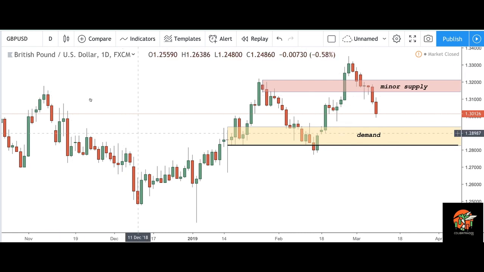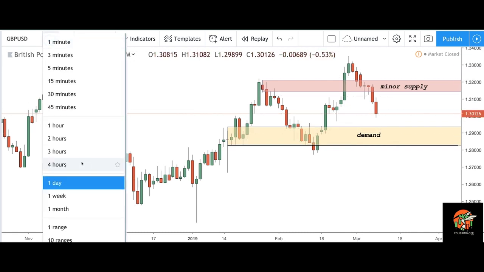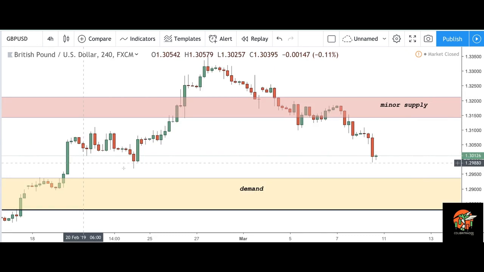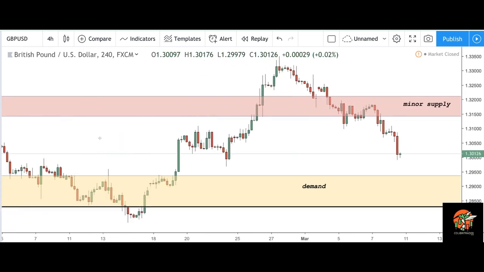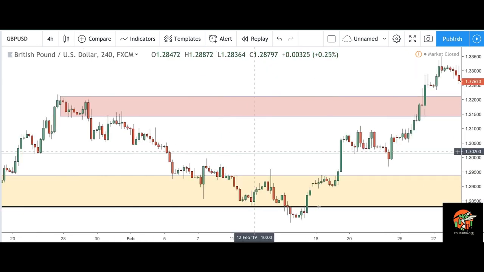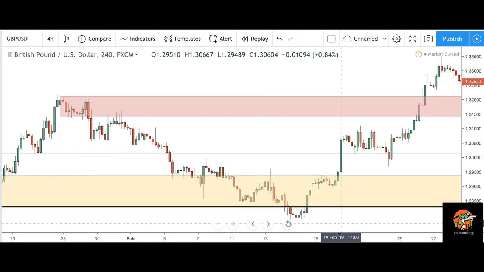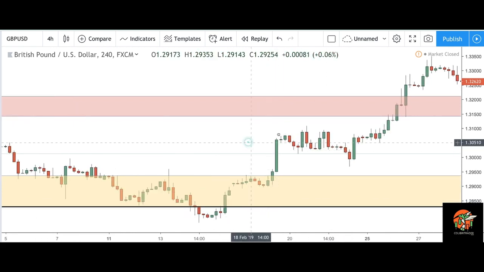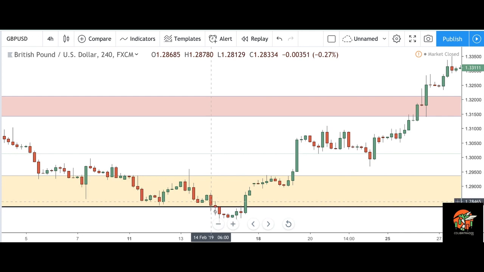So how does this look on a lower time frame? If we switch from the daily to the 4-hour chart and come back to the beginning of this move, we're going to see that the price initially had a false breakout here.